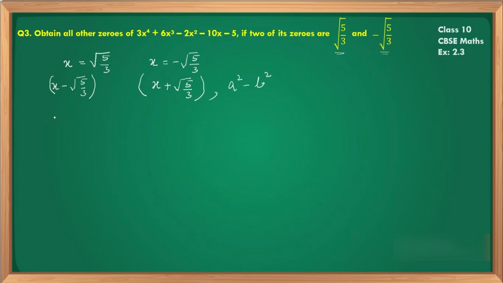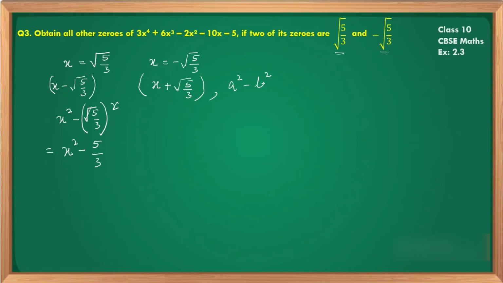When you multiply, you get x square minus b square. That is root 5 by 3 whole square. When you simplify this, you get x square minus, this root and square get cancelled, you get 5 by 3. So this is the multiplication of first and the second zeros.